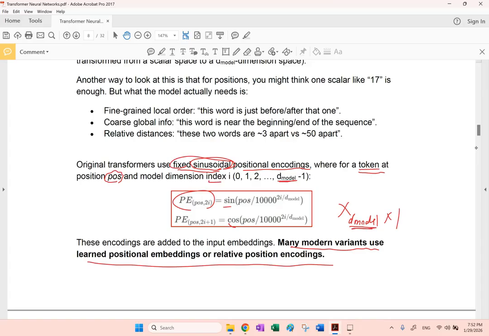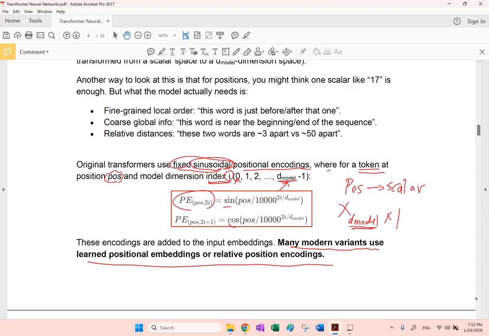So the ith direction in that higher dimensional space, we can show it with i, where i changes from 0 all the way to d_model minus 1 in a 0-based index. Remember, you have to take a pos, which is a scalar, just one number: position 1, position 2, position 3, or position 0 if you're looking at Python.